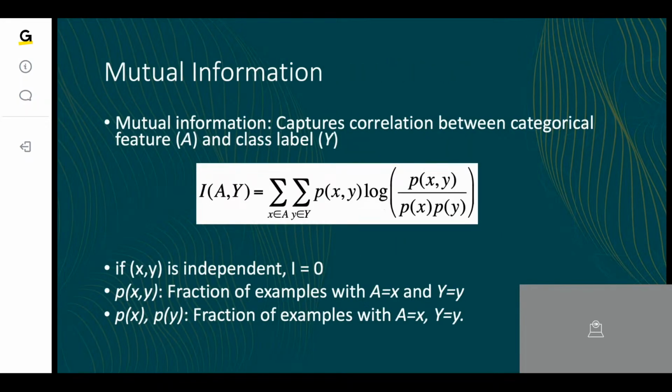On the other hand, the mutual information gives you the correlation between a categorical variable and the class label Y. So that's the popularity of these two methods. If you have a lot of numerical variables, you tend to use the Pearson's correlation. If you have a lot of categorical variables, mutual information comes in handy.